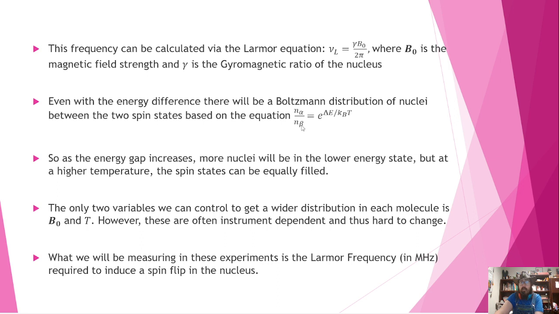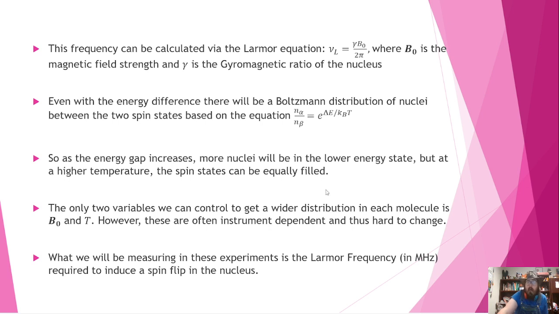Just that there is a majority of the atoms in the lower energy spin state, and that ratio of low to high has to do with the exponential of the change in energy over Boltzmann's constant times the temperature. So largely speaking, as the energy gap increases, more nuclei will be in the lower energy state. But at higher temperatures, they can be equally filled.